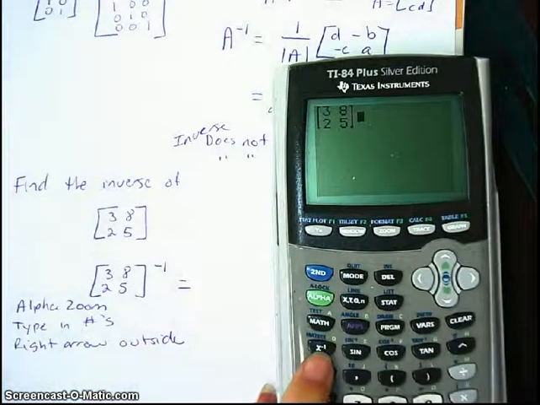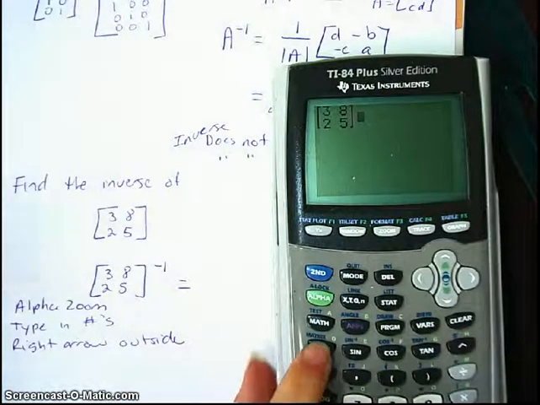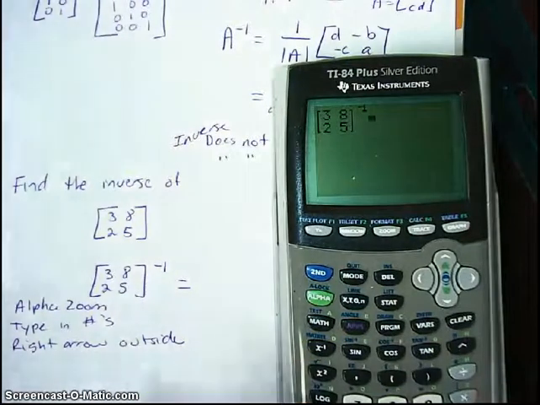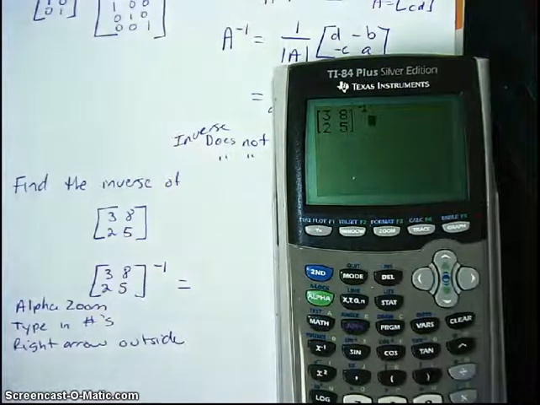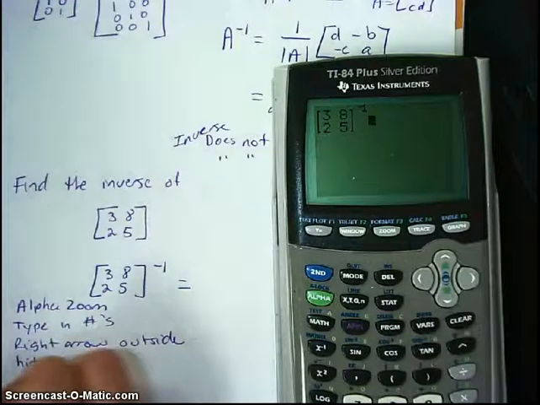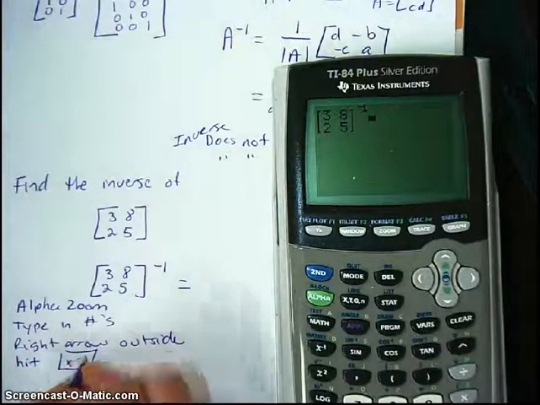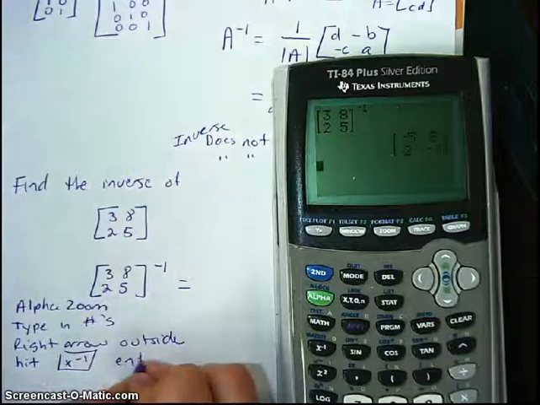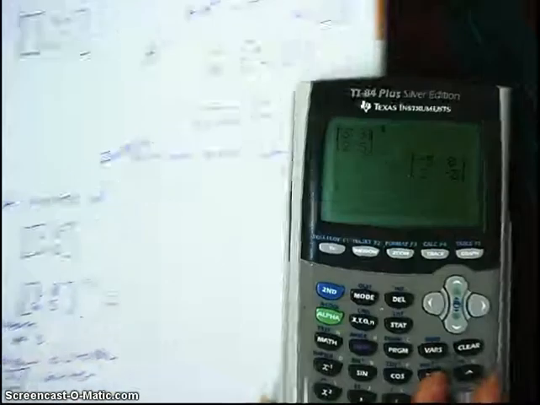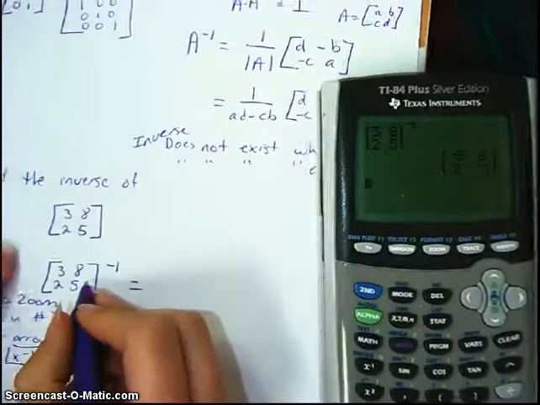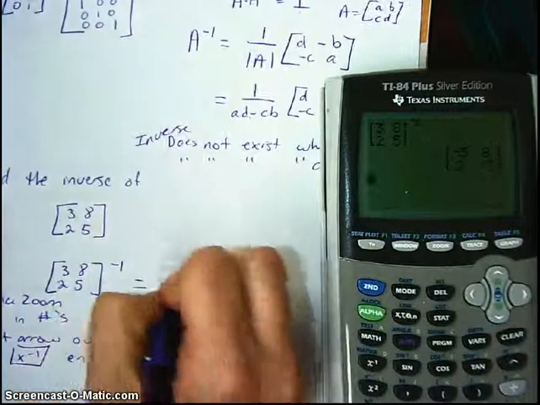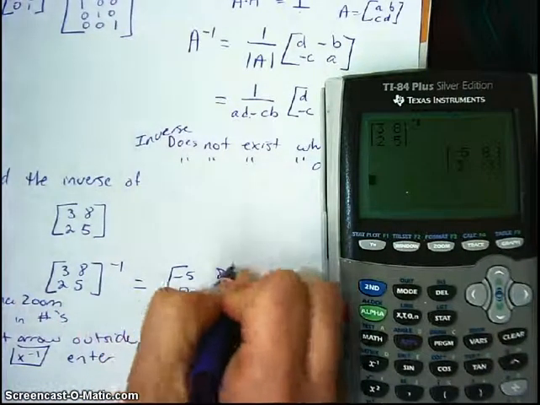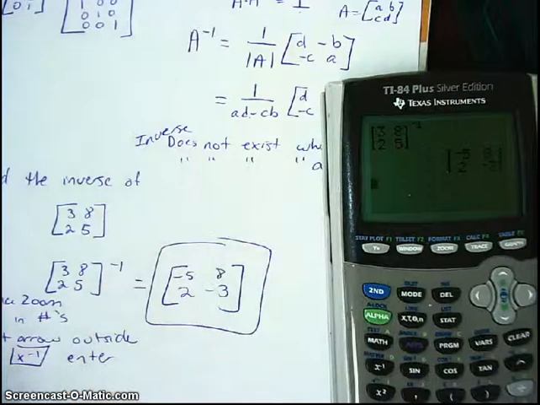We know that means inverse because we just talked about that exponent of -1 means inverse. Hit enter, and that'll spit out our inverse matrix. So the inverse of 3, 8, 2, 5 is the matrix -5, 8, 2, -3. So that would be our answer.